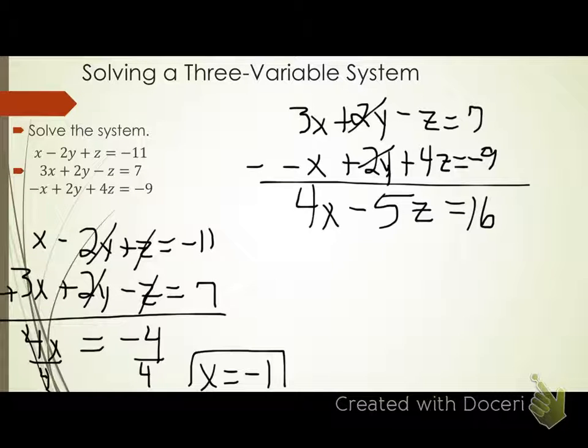I can replace the x with negative 1. So 4 times negative 1 minus 5z equals 16. What's 4 times negative 1? Negative 4.